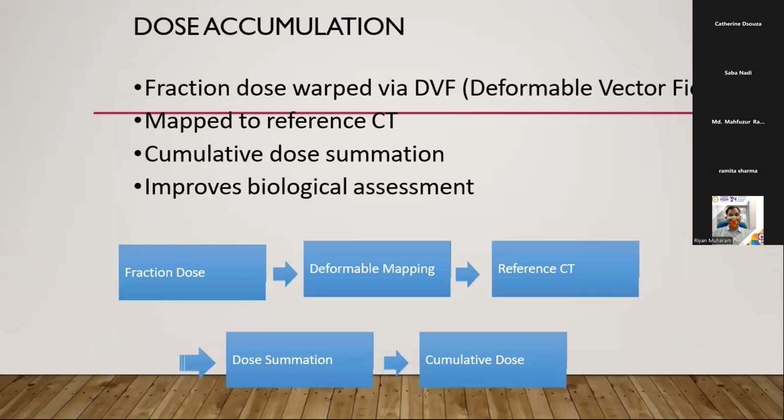Here we utilize the concept of the deformable vector field. All the session or fractional doses are warped, meaning deformed, via a deformable vector field. It is mapped with the reference CT, and the cumulative dose summation will be done.